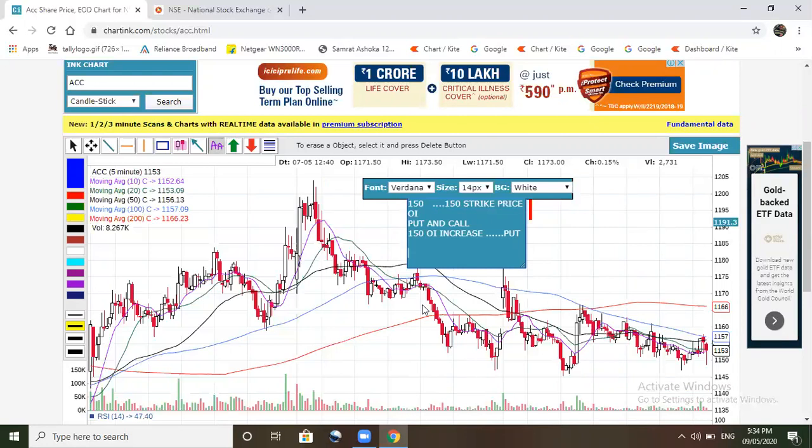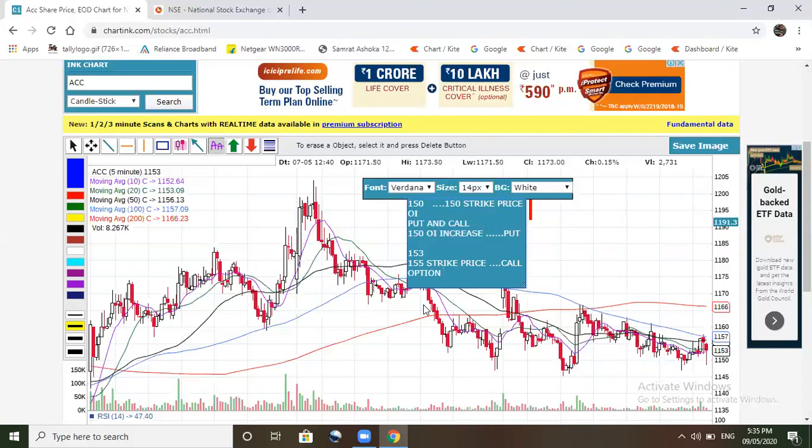Now suppose the price went to 150 and now you look at the 155 strike price on the call side. Naturally the price has increased and the value of the call option will also increase. When the value of the call option increases along with open interest, you say it is a long buildup.